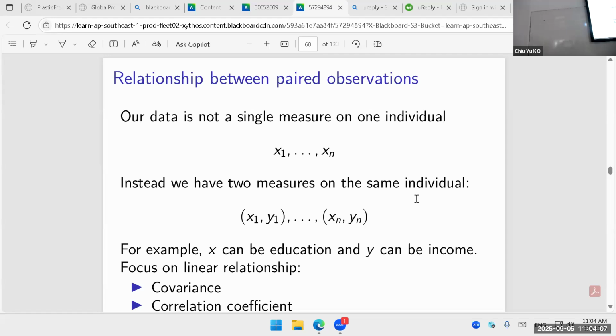Does more education bring you more income? A very natural question. Or the other way around: having more education actually makes you earn less. It's possible. So how to quantify it? We use 2 measures, covariance and the correlation coefficient.